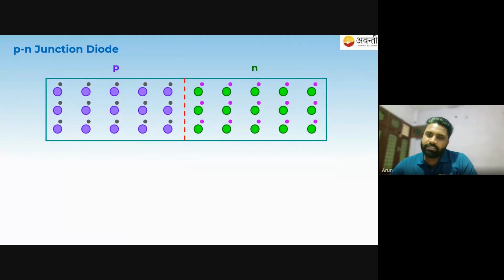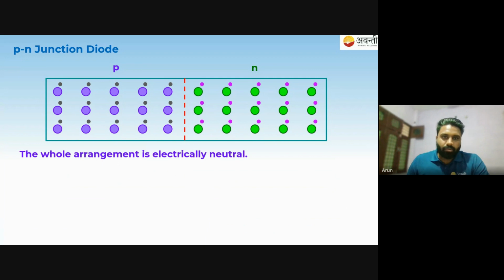Now, how will this junction be formed? Let us look. If we put this p and n type semiconductor together, initially the whole system will remain in equilibrium, or you can say it is electrically neutral.